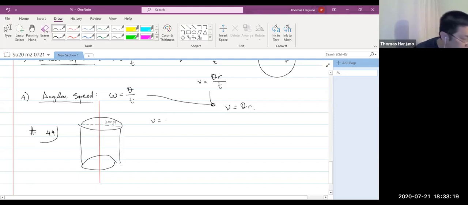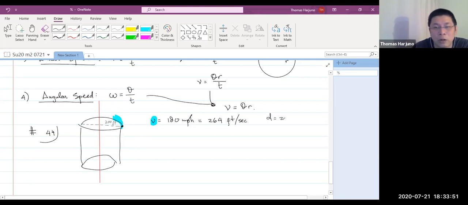The velocity is 180 miles per hour, which is equivalent to 264 feet per second at the perimeter of the core. Now the diameter is 200 feet, so the radius will be 100.